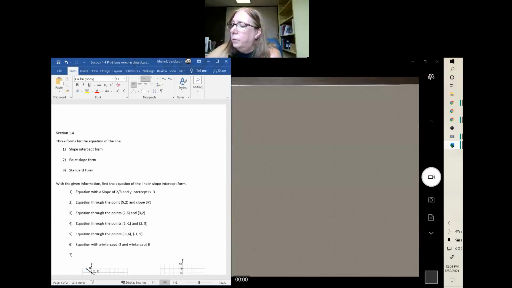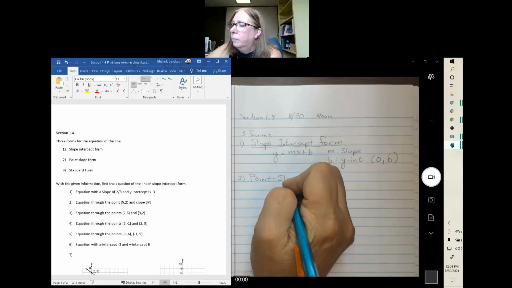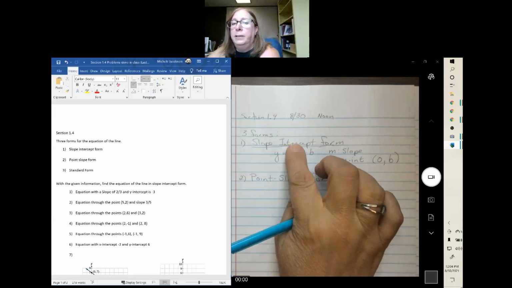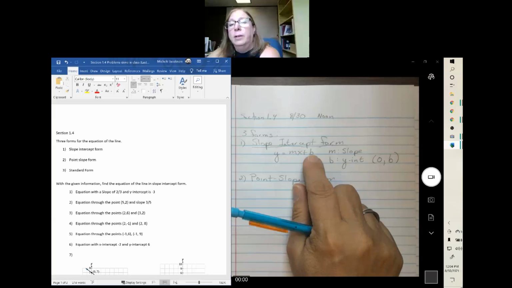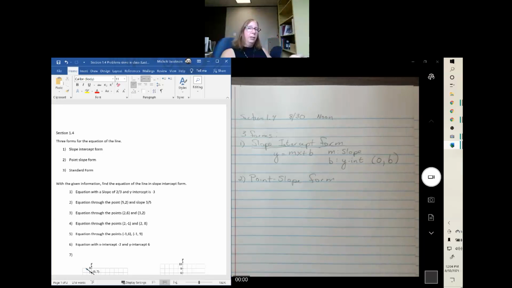The second one is point-slope form. Notice the first one, slope-intercept, has the slope and the intercept. Point-slope is the equation if you have a point and a slope, you can put it in this form.